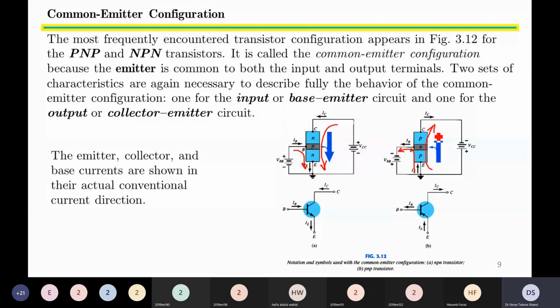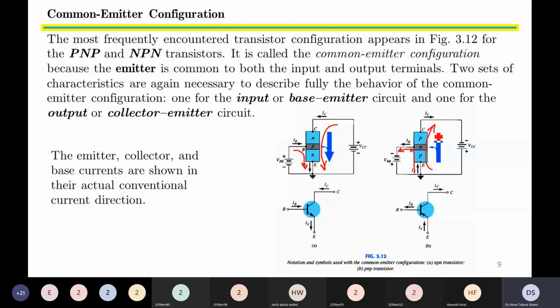Now the two sets of characteristics that are essential to describe the behavior of common emitter configuration are input characteristics, or those characteristics between base and emitter, and the second is the output characteristics, which are also called collector emitter characteristics.